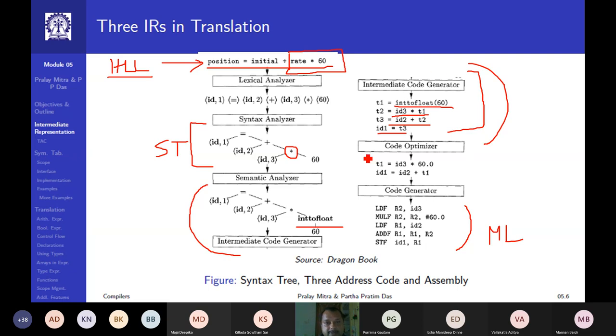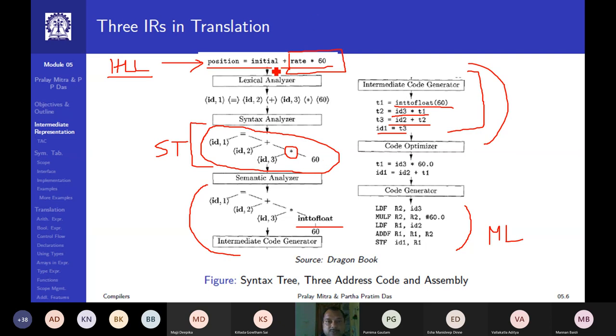When you are thinking of some tree structure like this and you are evaluating, you also assume the existence of the internal nodes. These internal nodes are not declared as variables by the source program.